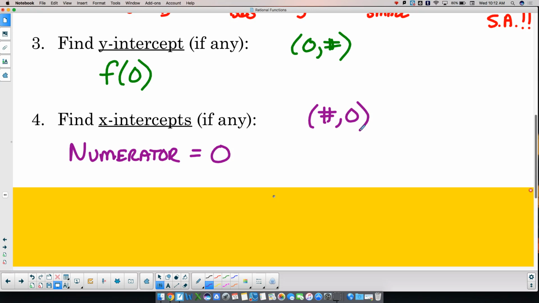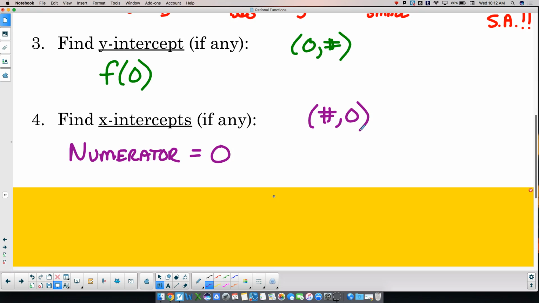The degree of what? The numerator, yep, because that's where we get them from.